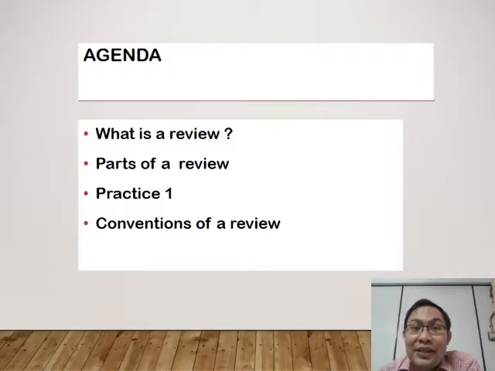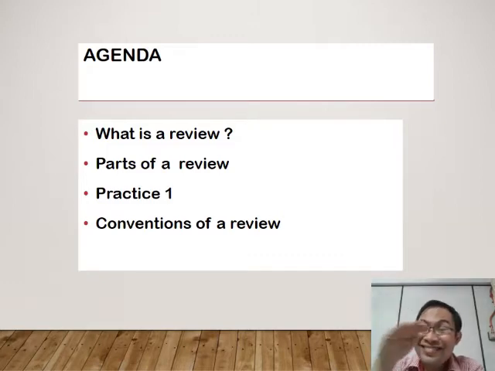All right, so let's look at the agenda for today. Agenda means what we are going to do. The first agenda is we will look at what is a review. Before we write a review, we must know what a review is. Then we are going to look at the different parts of the review.